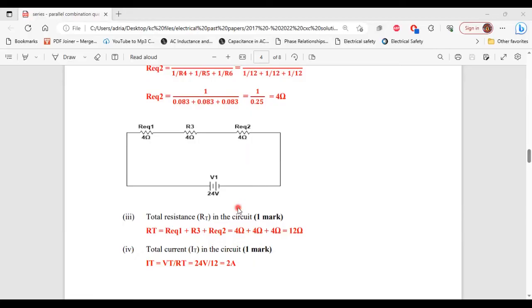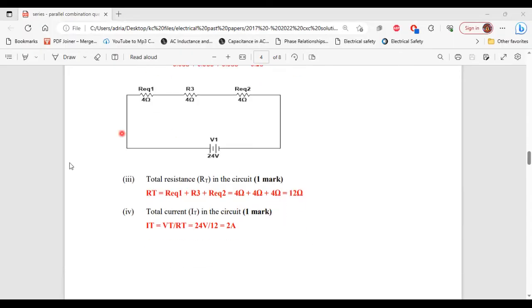For part three, it says calculate the total resistance, RT, in the circuit. So RT is equal to REQ1 plus R3 plus REQ2 equal 4 ohm plus 4 ohm plus 4 ohm. That will give us 12 ohm. For part four, it says to calculate the total current in the circuit.